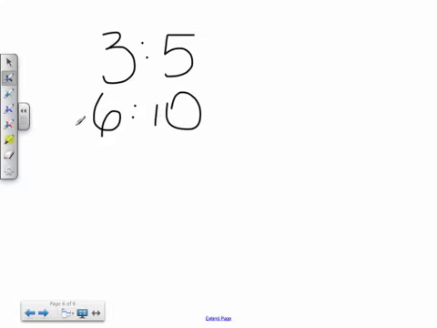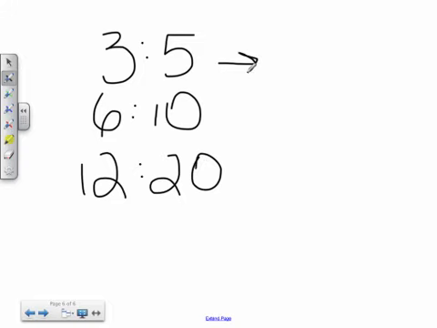Another example would be a common factor of 4, which would give me a ratio of 12 to 20. That's the same thing as 3 to 5. But we don't know what that common factor is, so the ratio is going to be 3x to 5x, where we call the common factor x.